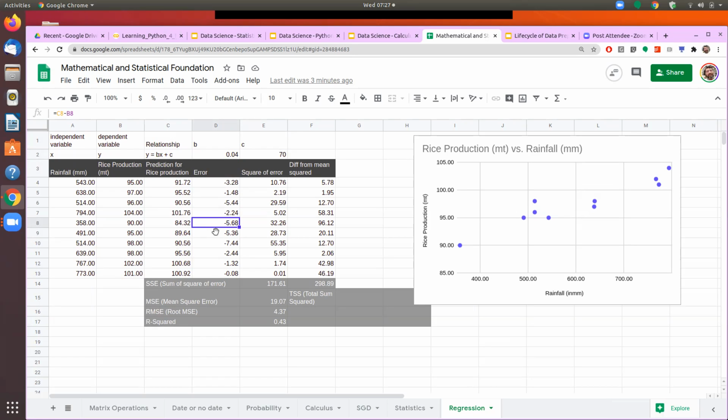So I hope you have understood the concept of the dependent variable, independent variable, and the regression equation, which takes the form of y is equal to bx plus c. The purpose of regression is to find the values of b, which is also called beta sometimes, and c, which is the constant.